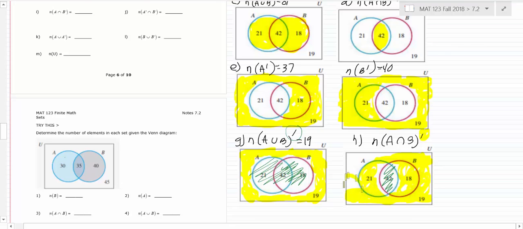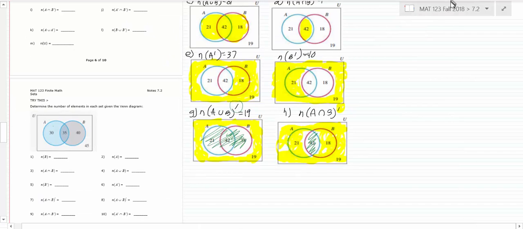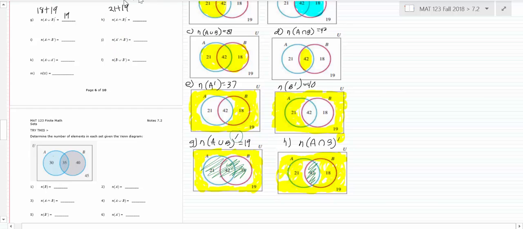Yeah, you would just add those three numbers together. Okay, good. So on this problem, we would want to do 21 plus the 18 plus the 19. So if you put that together, that's 58. Okay, that's it. That's the shaded part.